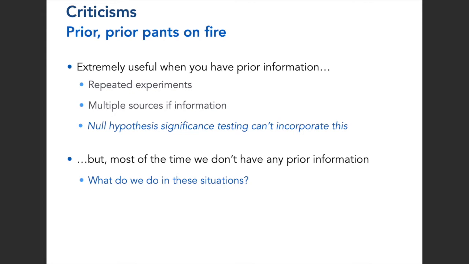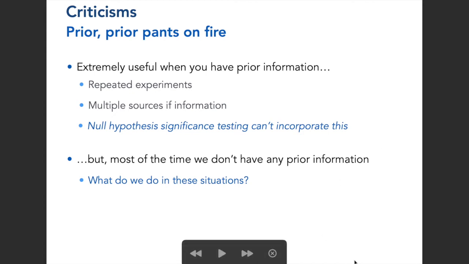But if you looked at all the data together, there was a huge difference in the number of crashes, and nobody did that. Bayesian statistics allows us to use previous studies to inform the prior probabilities of our analyses, and that's very, very powerful. Null hypothesis significance testing can't do that. You can't incorporate prior information into a given test.